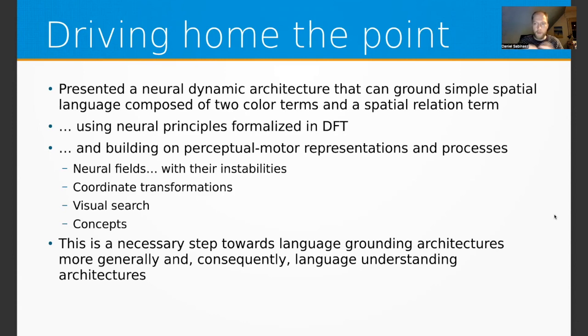For example, I think we have seen some examples of that in the lecture on coordinate transforms. It also employs a model of visual search that is also hypothesized to be evolutionarily older, and it employs a notion of concepts that are characterized in terms of synaptic connections to a color field or a spatial relation field.